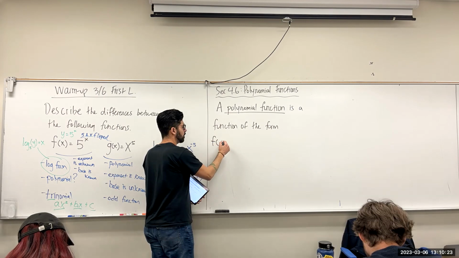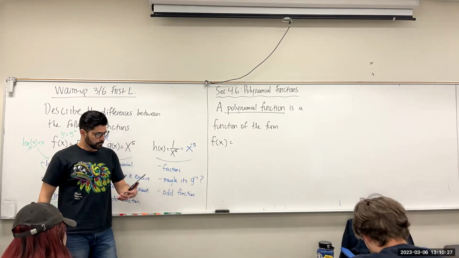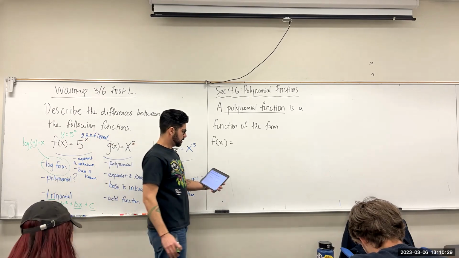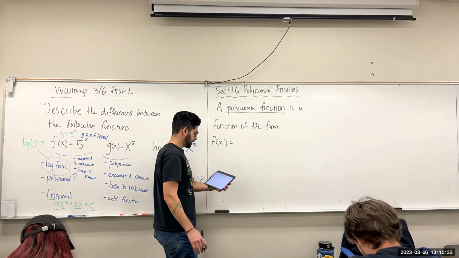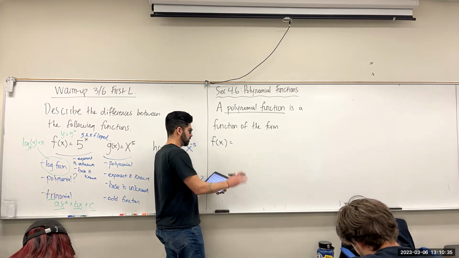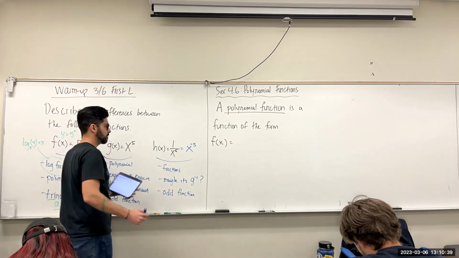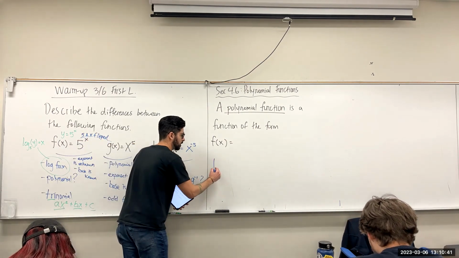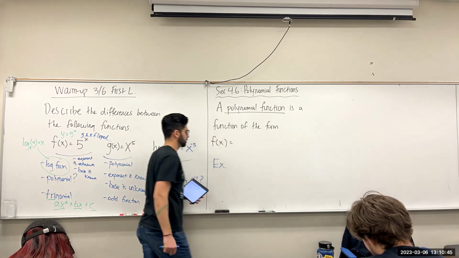It's gonna be a general form of all these polynomials. Let's leave this empty for now, and then I'm gonna have you guys figure out what it's gonna look like together. Let's look at an example real quick.